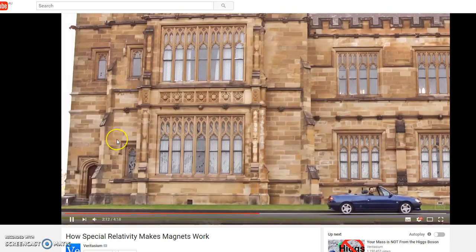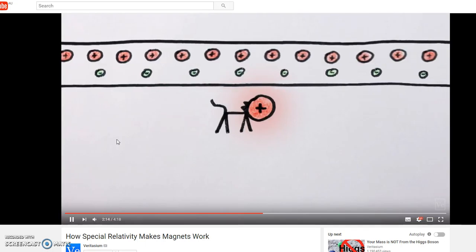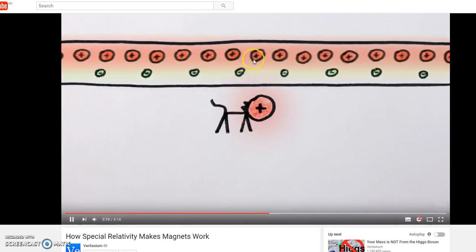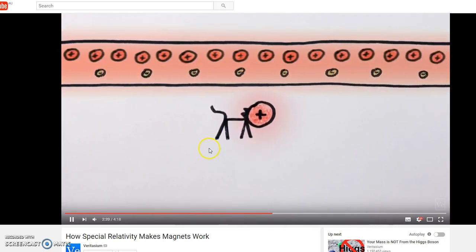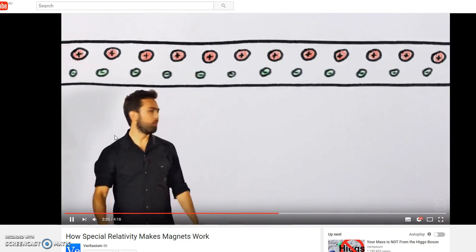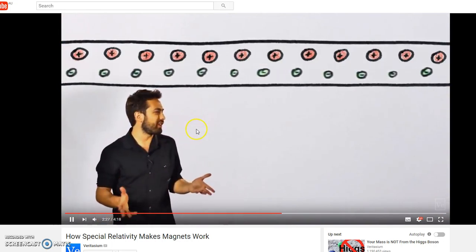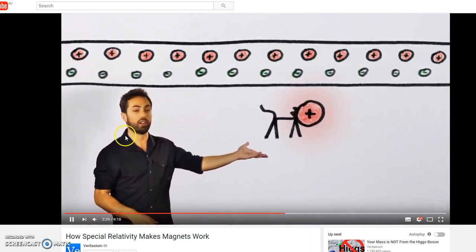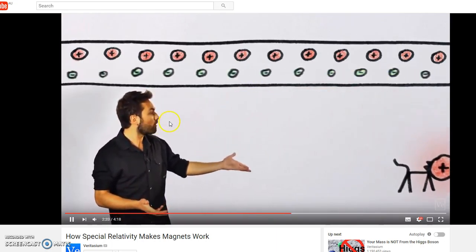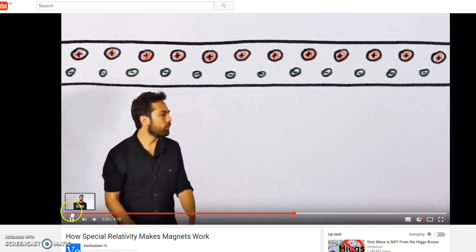Hence, in the reference frame of the cat, there is an overall positive charge. So the cat feels a repulsion and moves away from the wire. But of course, in our frame of reference, we can't see that electric force, so we explain it as magnetism.